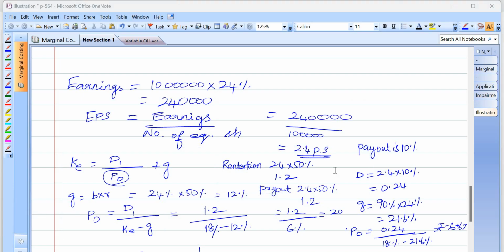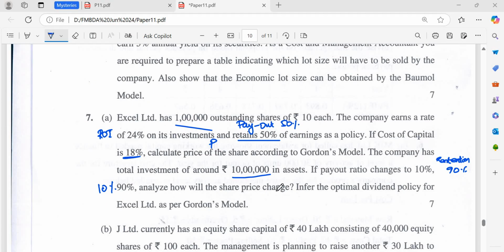Now we have to give our inference, right? So here they have asked to infer the optimal dividend policy for Excel as per Gordon's model. So as per Gordon's model, we will be having R greater than K. Our firm will be in growing position, right?